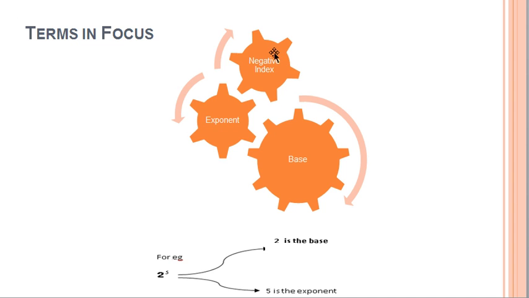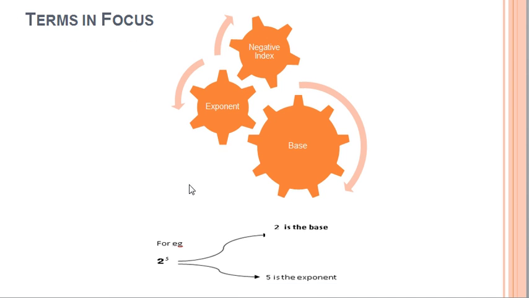And then there is the negative index. So when I write a number as 2 to the power of 5, the 2 is called the base, 5 is called the exponent. So that means 2 is going to be multiplied 5 times. That's 2 into 2 into 2 into 2 into 2.